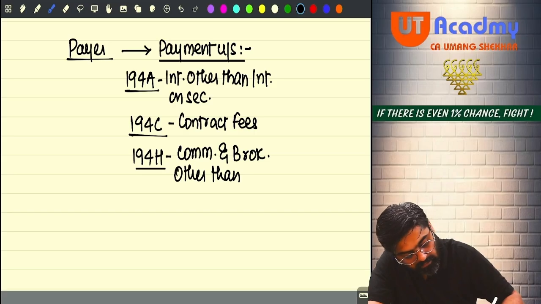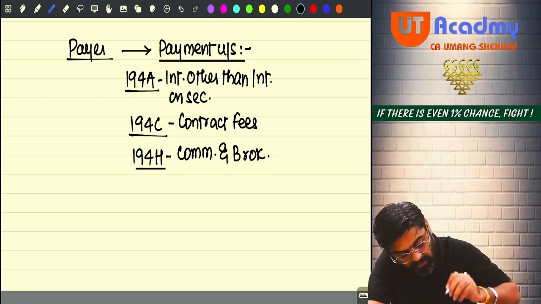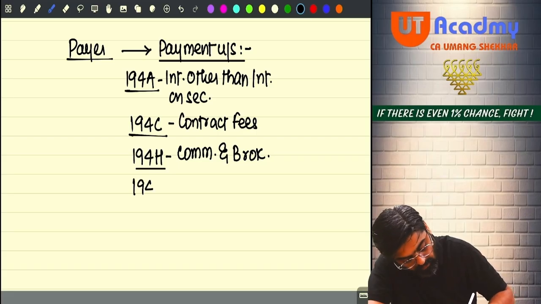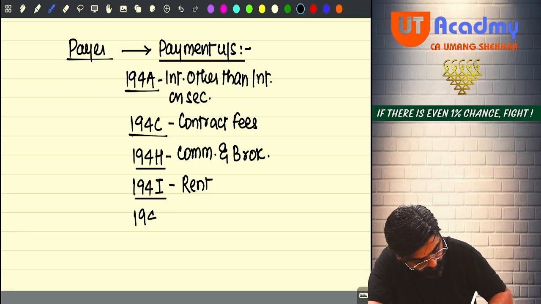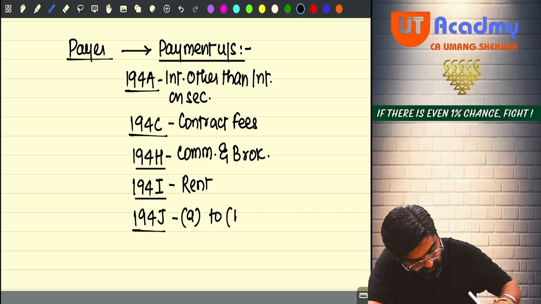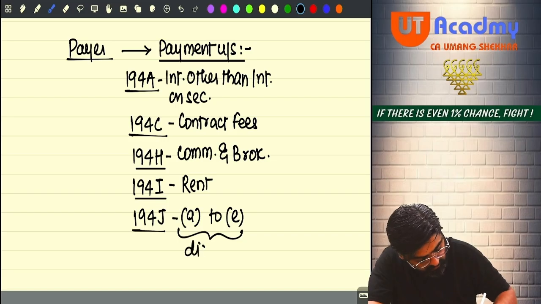Other than 194, don't write down that other than over here. Okay, we'll see later on. 194I rent and 194J, payment A to payment E discussed above.